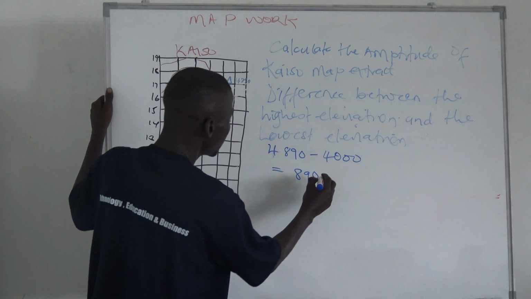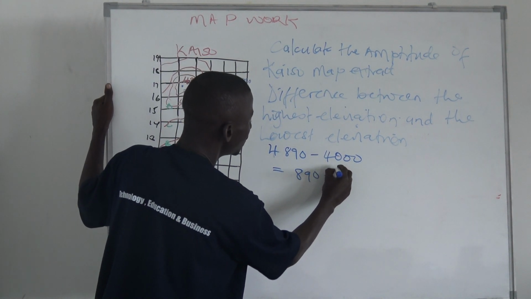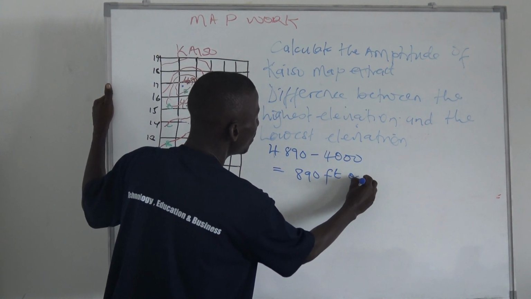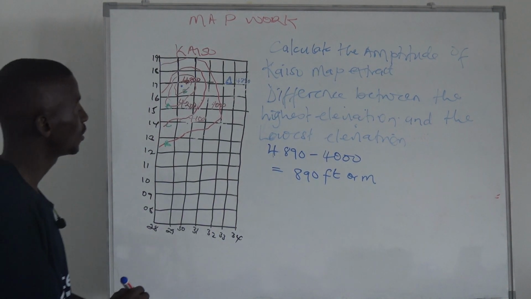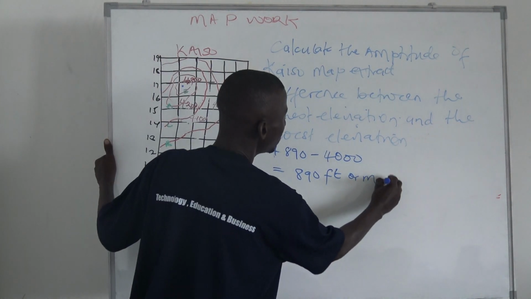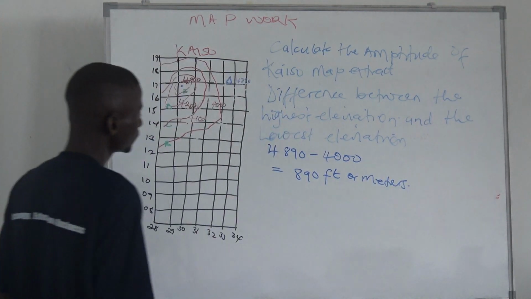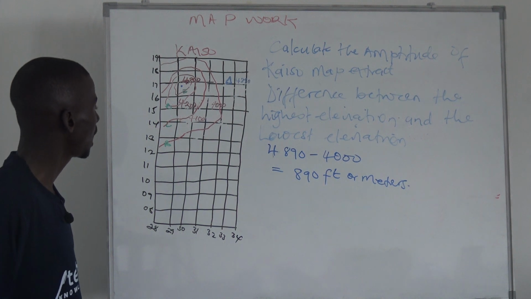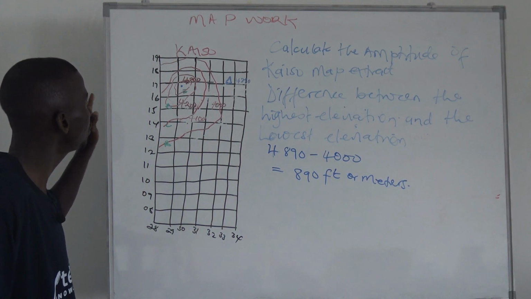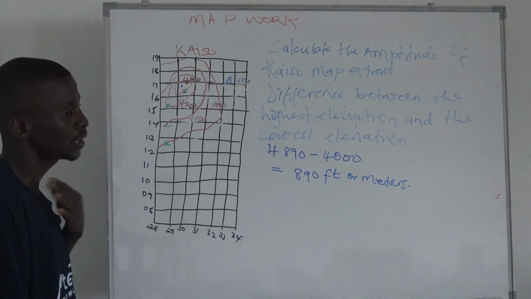And the answer should be in feet or meters. So that is how you calculate amplitude: highest elevation minus the lowest elevation.